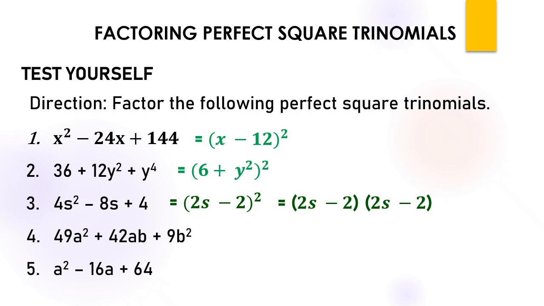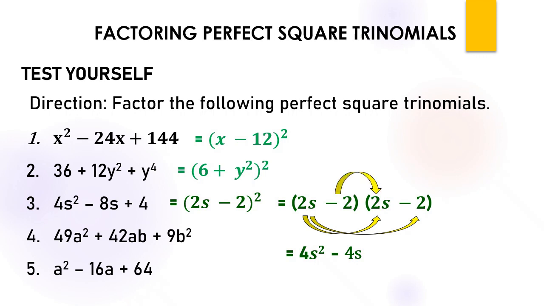Using the FOIL method, let us first multiply the first terms, which are 2s times 2s. That will give us 4s squared. And then multiply the outers. 2s times negative 2 will give us minus 4s. And then multiply the inner terms.